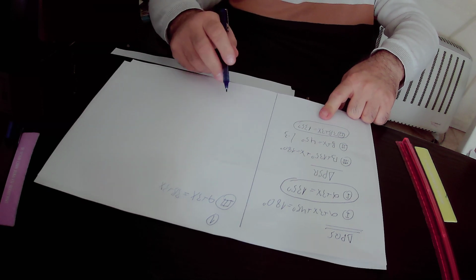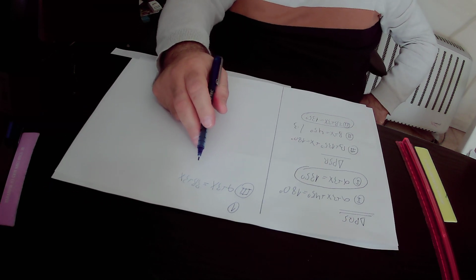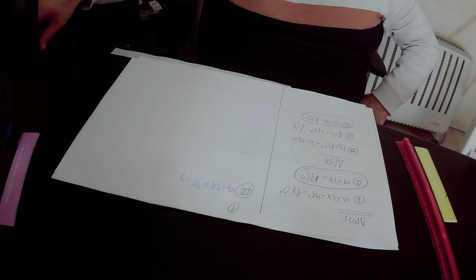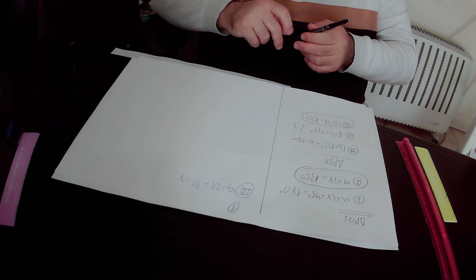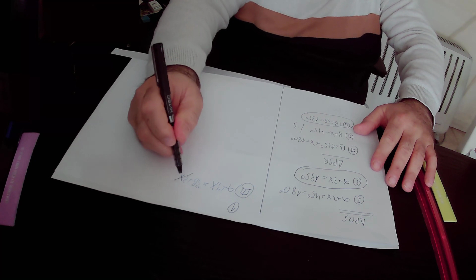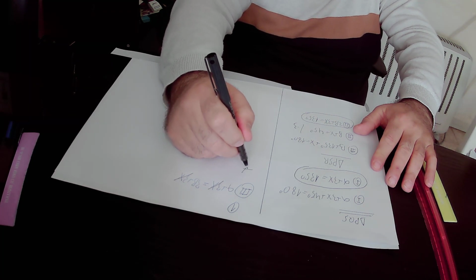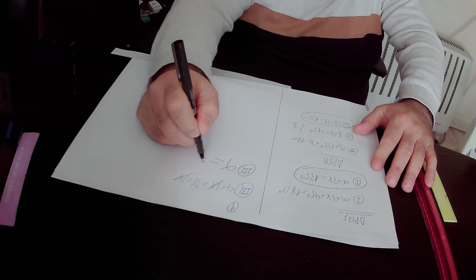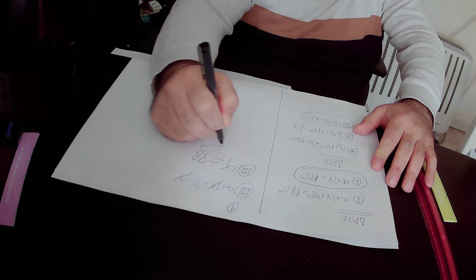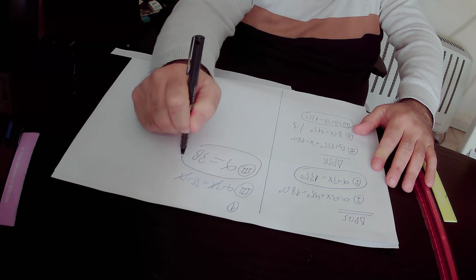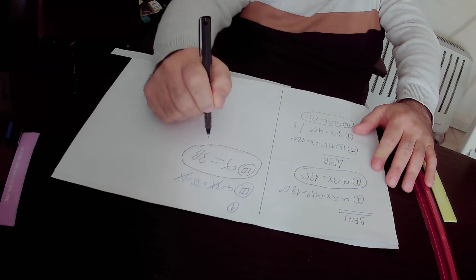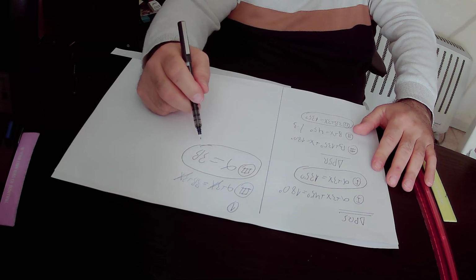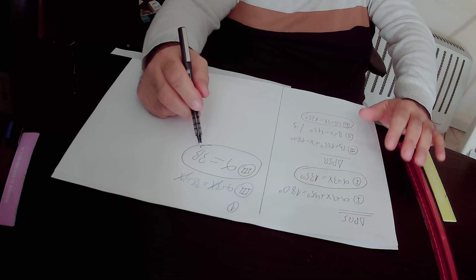Here we will subtract 3x from equation number 3, and we will get that according to equation number 3, alpha equals 3 beta.